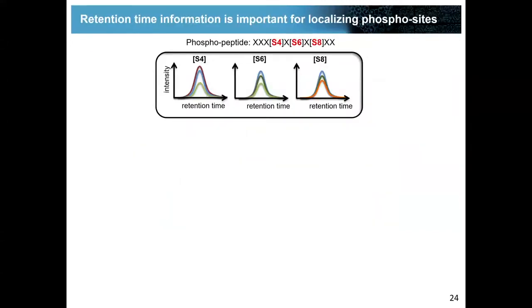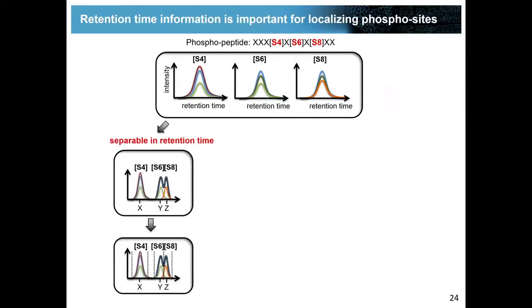Okay. So to just summarize what I said once more, it is retention time information. If you want to localize phosphosites or PTM sites in general, retention time information is really important because when you have a peptide that has several possibly phosphorylatable forms, it really matters whether these are co-eluting or whether they are separable. If they are separable in retention time, the task for you is to identify these different groups, and then you want to localize which of these peak groups is which isoform.